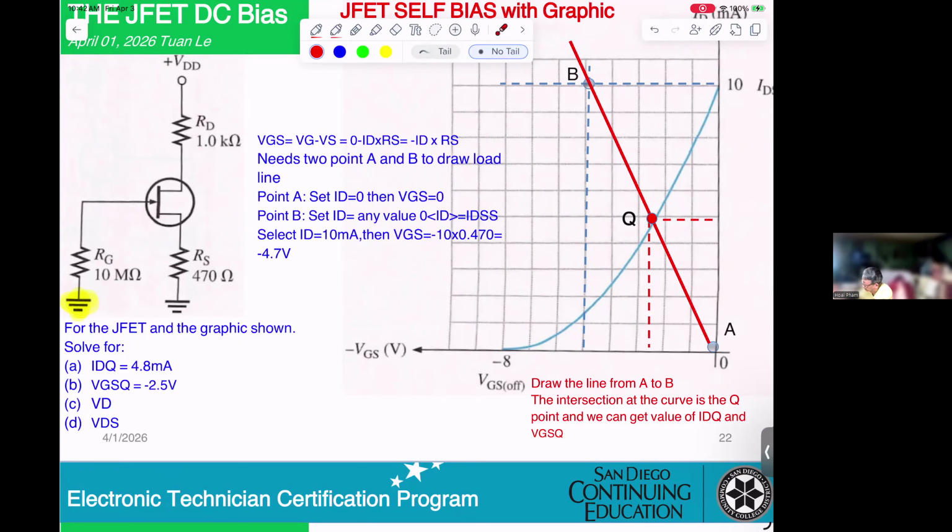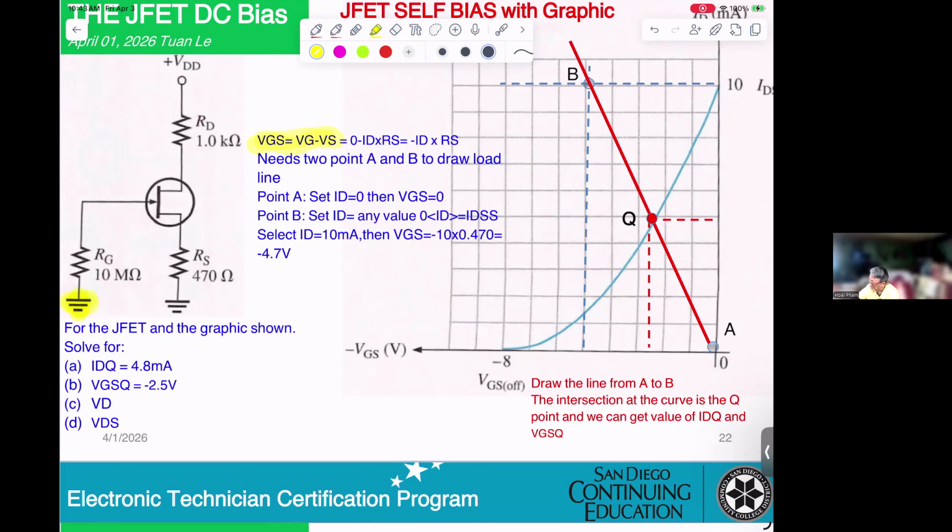VGS equal VG minus VS, equal 0 minus VS. Okay. VS means ID times RS.